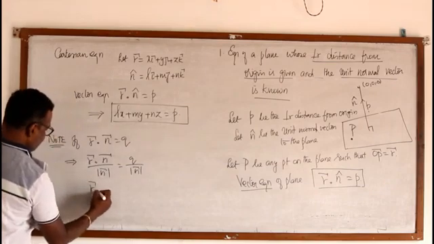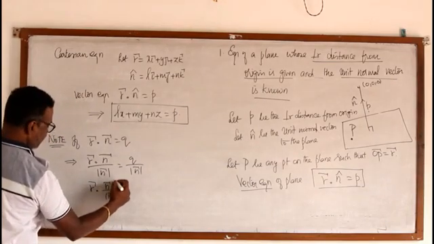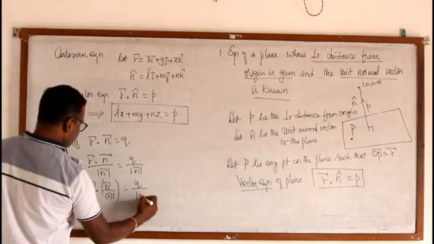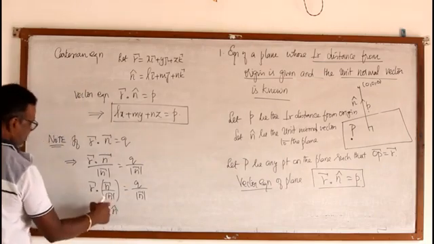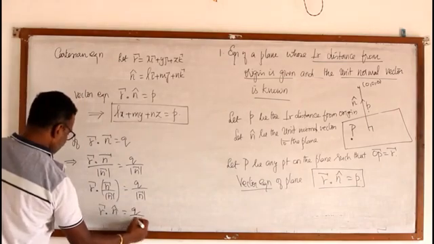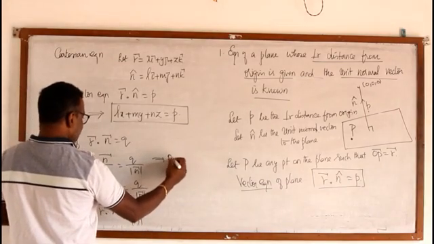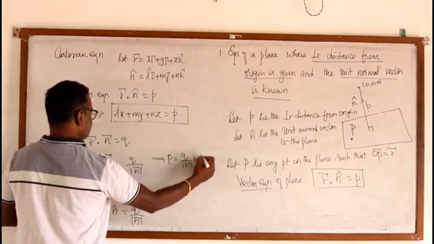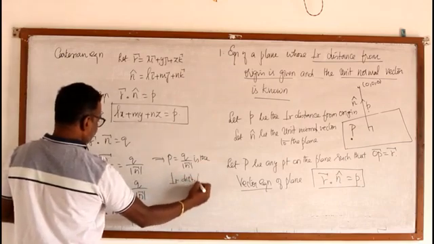Then it is r dot n vector by modulus of n vector equal to q by modulus of n vector. Now this becomes r dot n cap, since any vector divided by its modulus is a unit vector, then q by modulus of n vector. Therefore, in this case, p equal to q by modulus of n vector is the perpendicular distance from the origin.